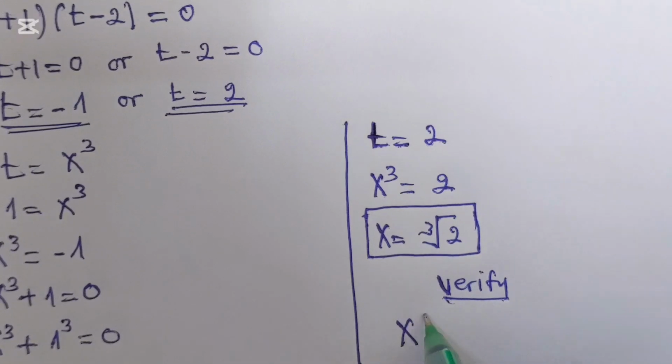We have x to the power of 6 minus x cubed, which equals 2.